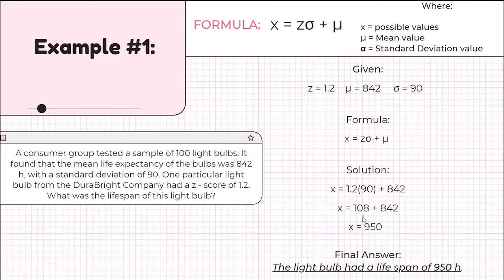After that, we will add 108 plus 842, and the sum is 950. So the x value is 950. Final answer: the light bulb had a lifespan of 950 hours.